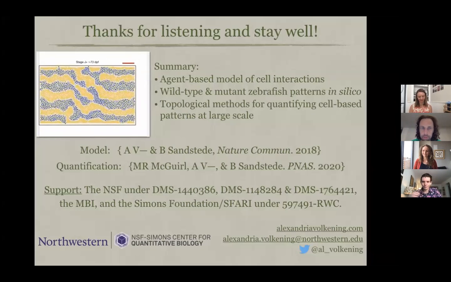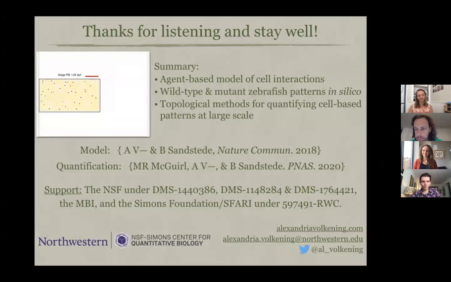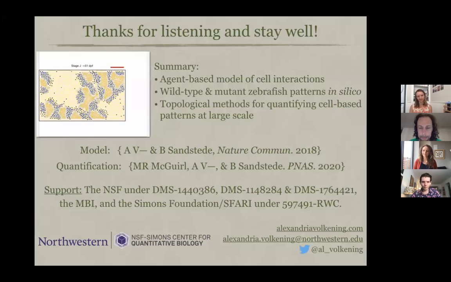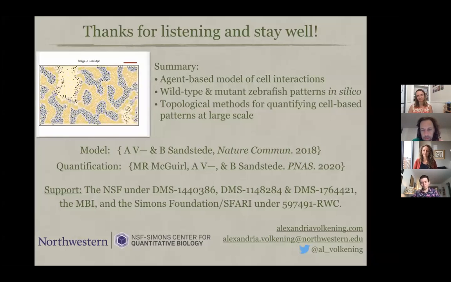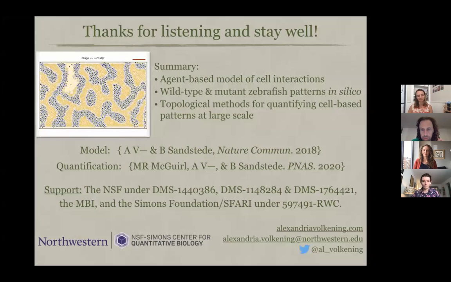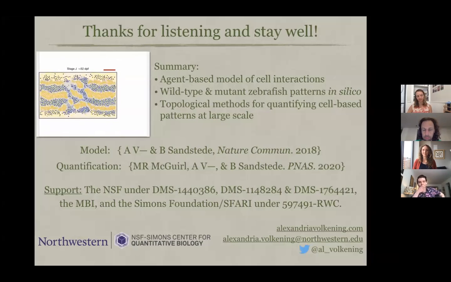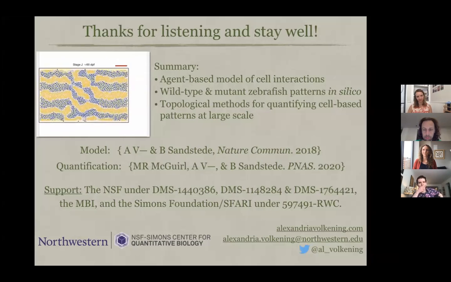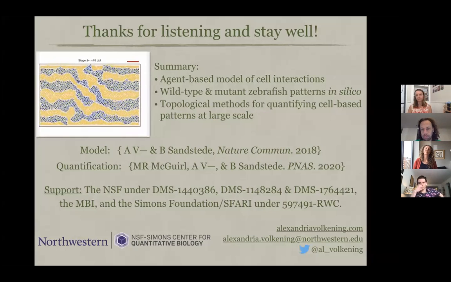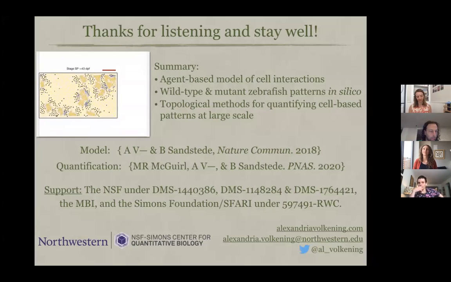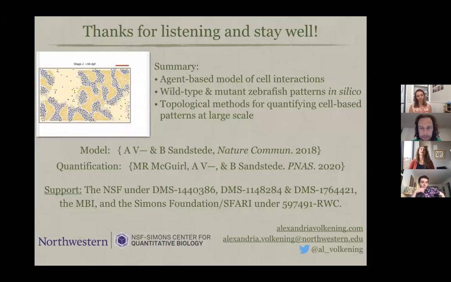Great, thank you for your talk. I was wondering about the model. You talked about these rules that the cells have. And I was wondering if the movement and the transition of cells in the future, because this happens over time, is impacted by the cell movement and transition in the past, sort of like if they have a limited amount of energy, or maybe they can only transition a limited number of times. That's an interesting question.